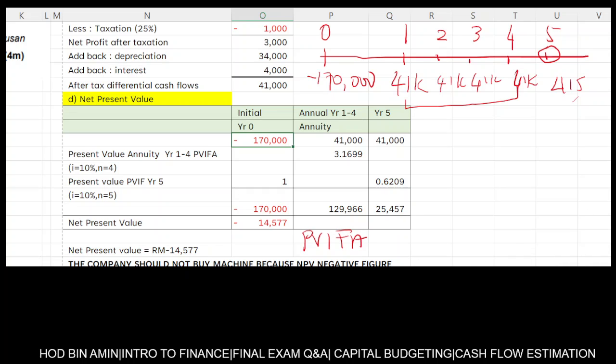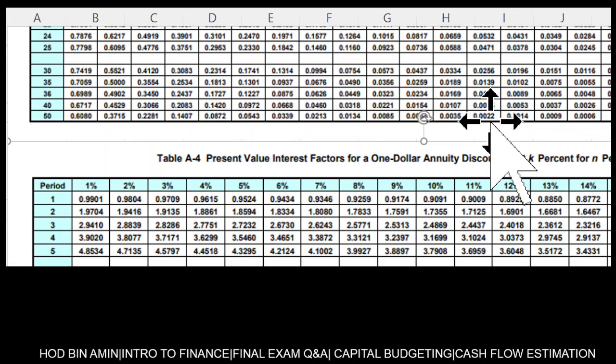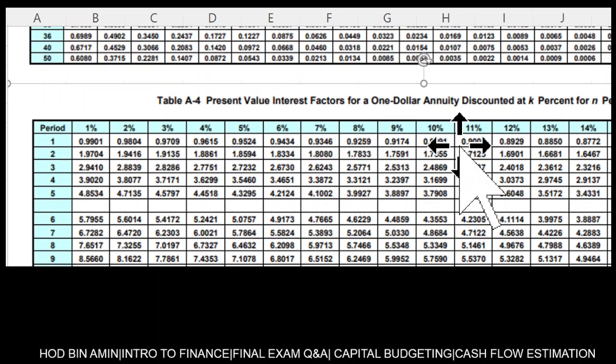Refer to your table PVIFA, table A4, 10% and year 4.